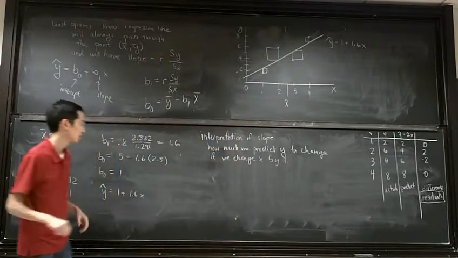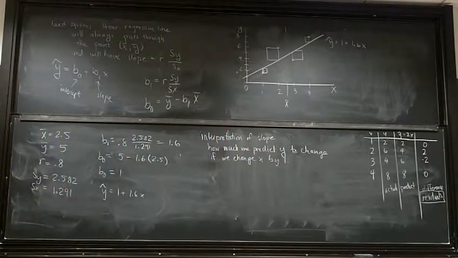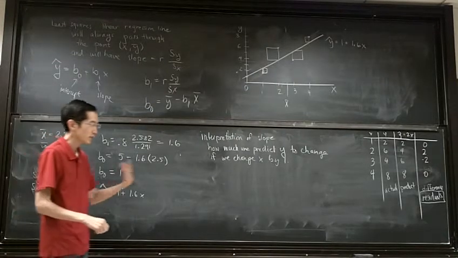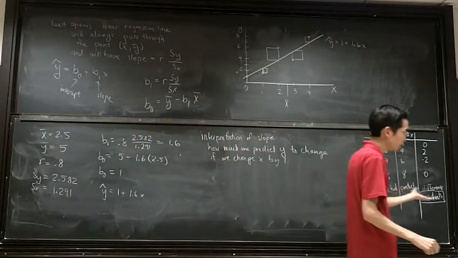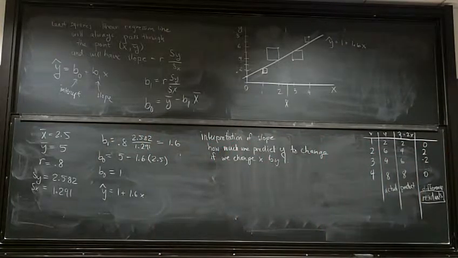So in our bedroom closet interpretation, we would say if we find a place with one additional bedroom, we predict the number of closets to increase by 1.6.